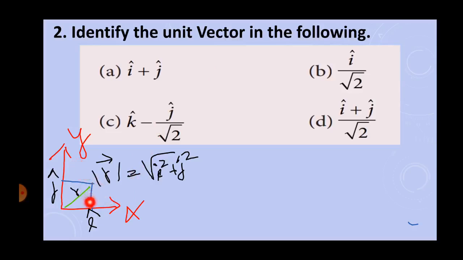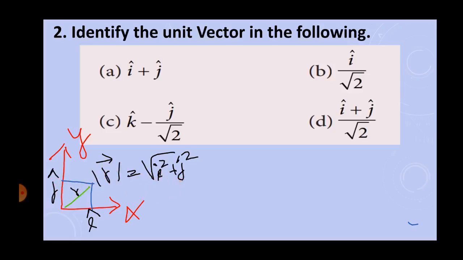So i is the unit vector along the x direction, j is the unit vector along the y direction. That is the coordinate, orthogonal unit vectors. Therefore the modulus of r vector is equal to the square root of the sum of the squares of the components. That is the magnitude, the speed of the particle.